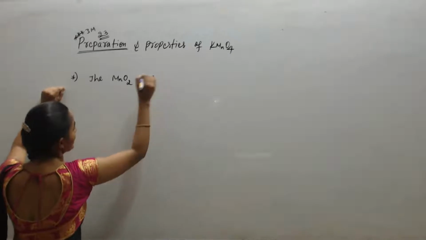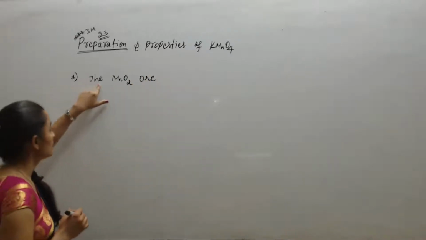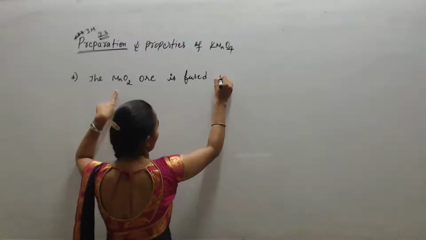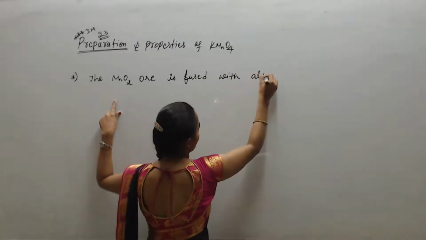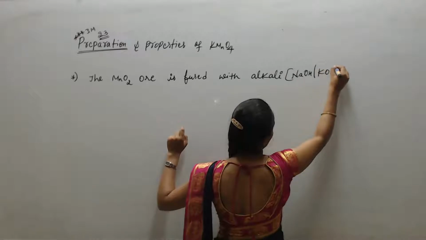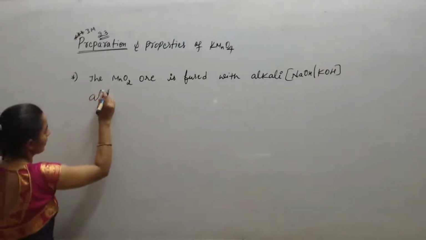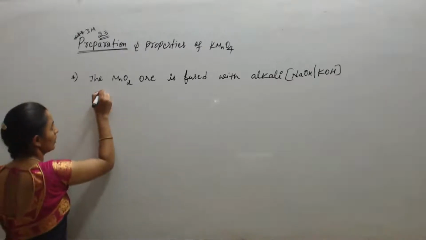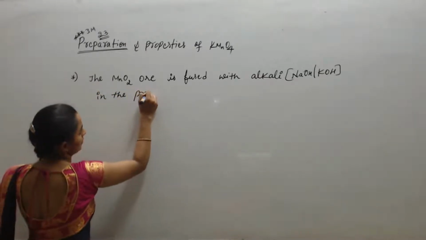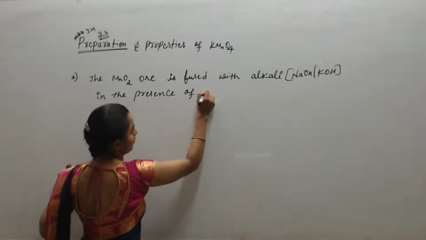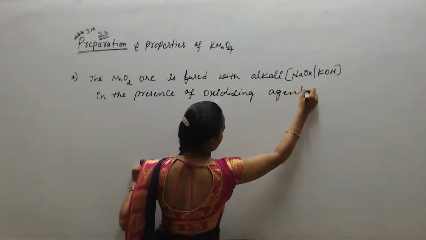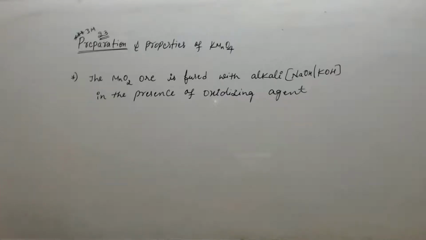MnO2, manganese oxide, the ore pyrolusite, is fused with strong alkali like NaOH or KOH in the presence of an oxidizing agent, that is KNO3.